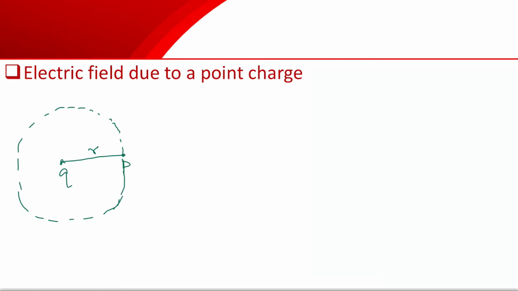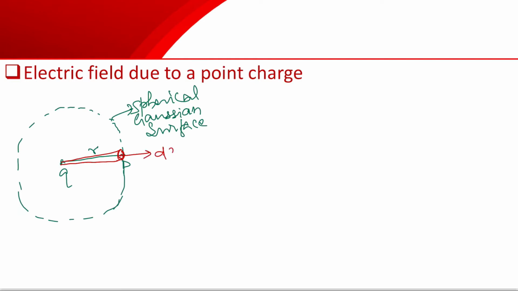This Gaussian surface is a spherical Gaussian surface. Let us take a very small area of this surface, and let this area be ds.